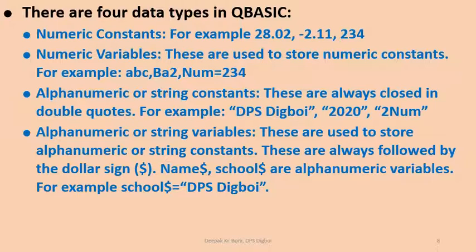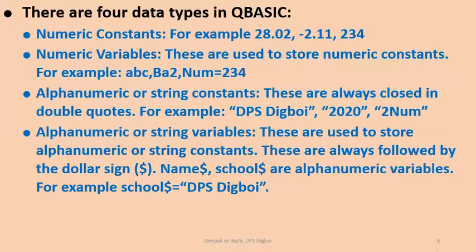Next is alphanumeric or string variable. These are used to store alphanumeric or string constants. These are always followed by the dollar sign. So that is again a difference between alphanumeric or string variables and the numeric variables. Alphanumeric or string variables always end with or are followed by a dollar sign, whereas the numeric variable doesn't end with or isn't followed by the dollar sign.